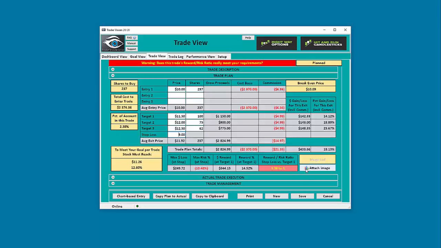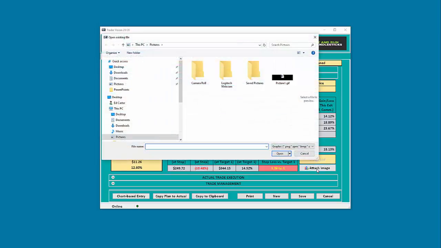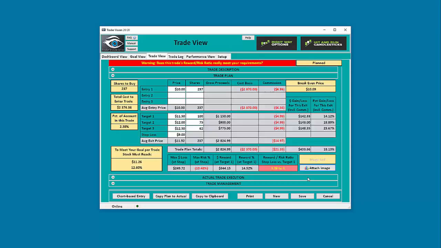As we make this trade plan, we can also attach an image. We click this button and the pop-up box will ask us what image we want to attach. We can then attach a JPEG or GIF or any other type of image file to this trade record so that down the road, perhaps at the end of the year, perhaps 2 years from now, we can go back and look at this trade and see the chart just as it appeared as we were planning the trade to consider what we had in mind when we set up this trade plan.